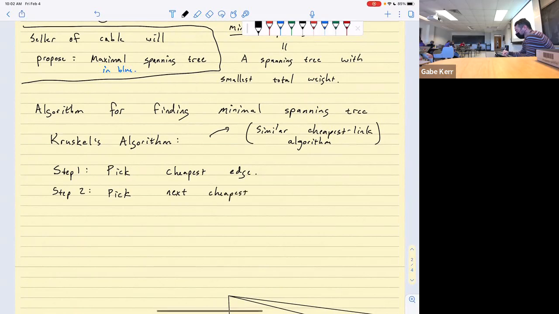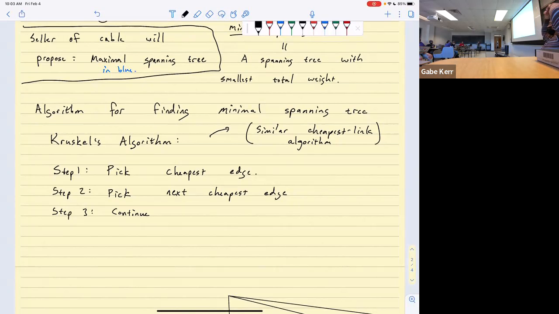Not all algorithms are this simple. I know this can be tedious for everybody, but guess what you do for step two? You continue. And the only rule: when we did the cheapest link algorithm, we had a requirement. We always had to make sure that we didn't form a circuit and that we didn't make a vertex with degree 3.